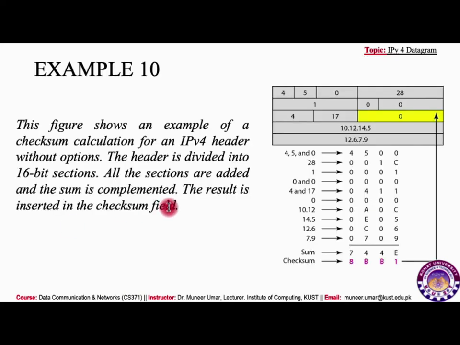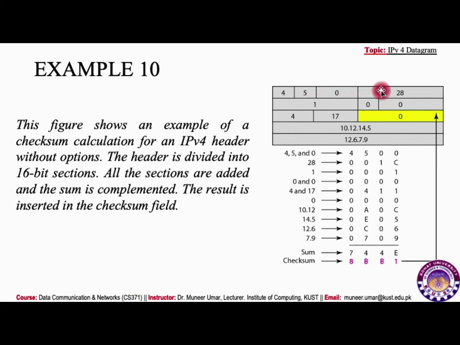We have an example for calculating the checksum. So here we have the header, and we have some values in this header. If you look into this header, we have 32-bit words.